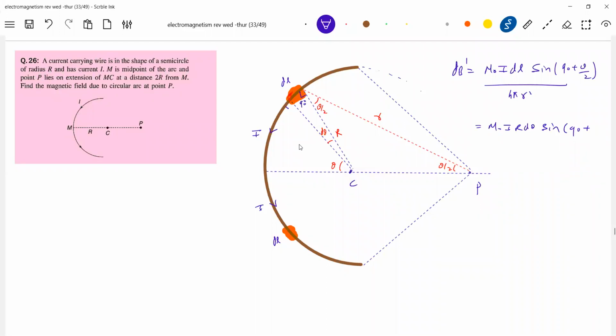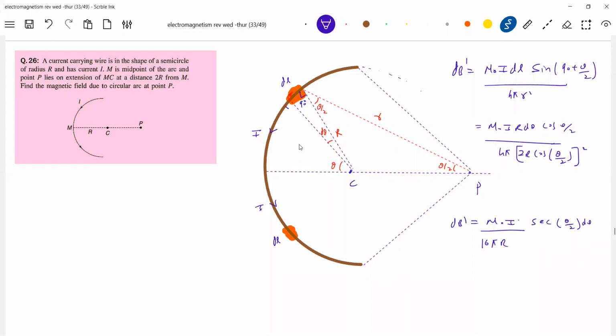Now sine of 90 plus theta by 2 is cos theta by 2, times R d theta, over 4 pi, small r will be 2R cos theta by 2, square of it, no? Yeah. So everything will become mu naught I. One R gets eliminated. This will be 16 pi R.